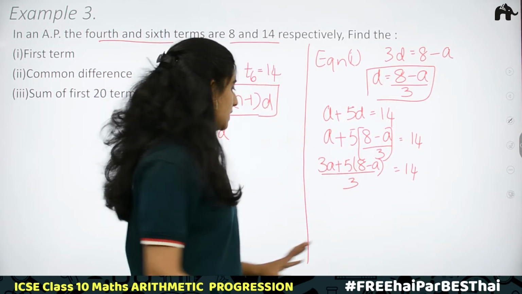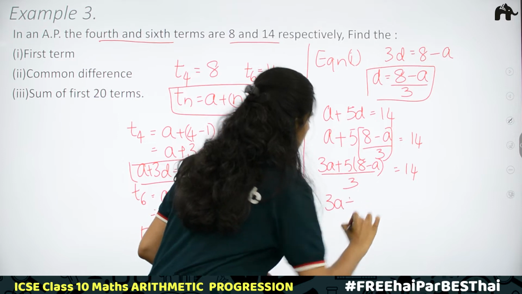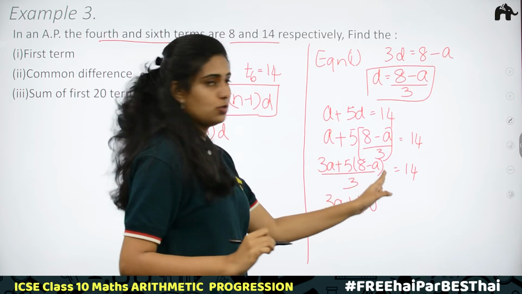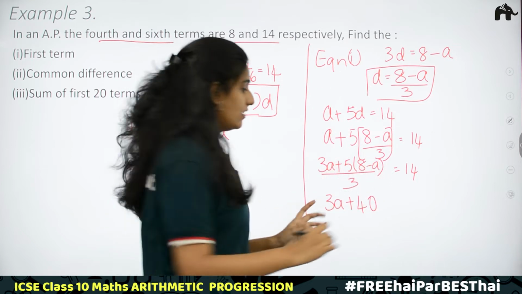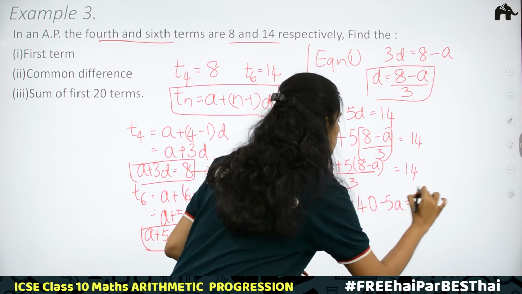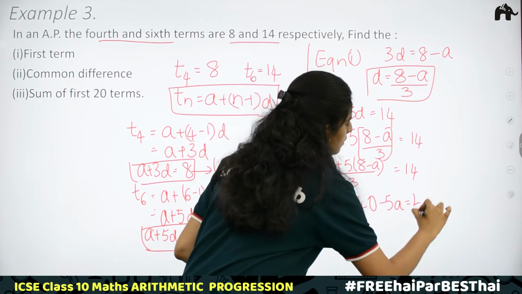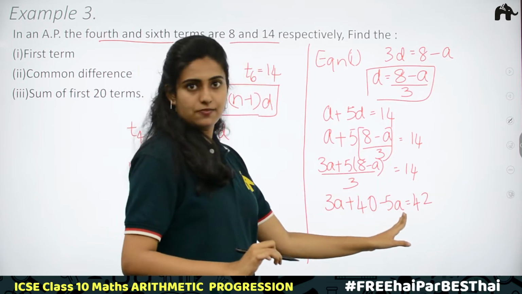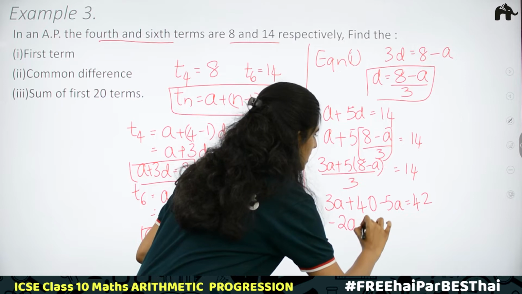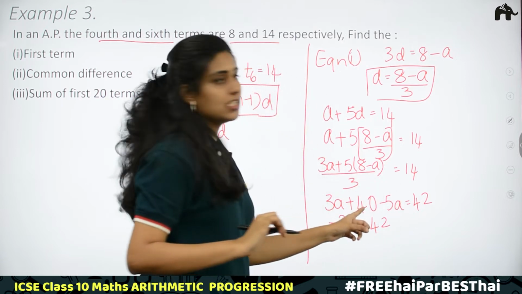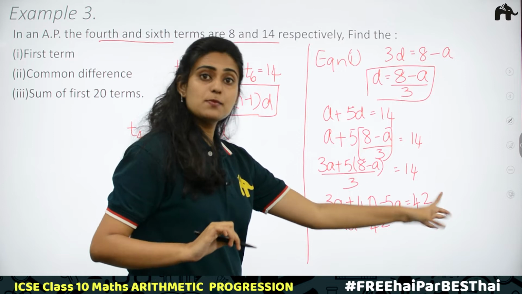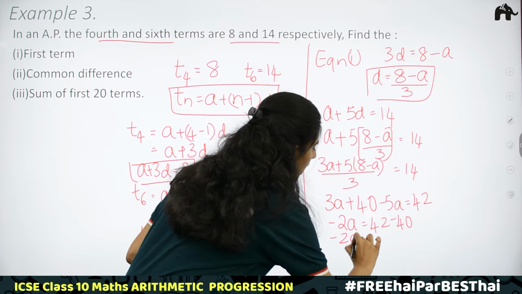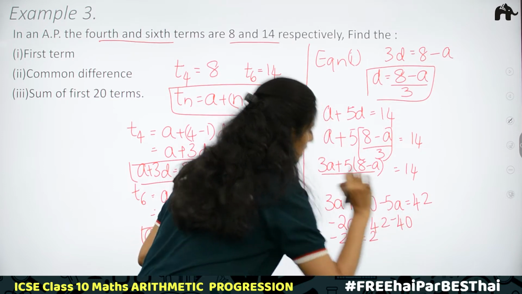Removing the brackets and multiplying, we get 3A plus 5 into 8 is 40, then 5 into minus A is minus 5A, is equal to 14 into 3, which is 42. Then 3A minus 5A is minus 2A, is equal to 42. Taking this plus 40 to the opposite side, it becomes minus 40. So minus 2A is equal to 42 minus 40, which is 2.